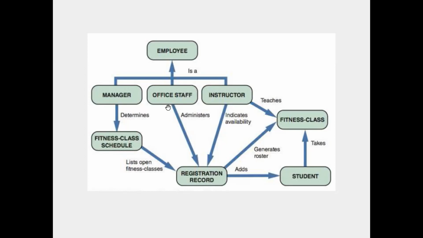Here we have office members administering the registration record, and the instructor indicates availability in the registration record. Once you have all this information, that adds into the fitness class, and then we assign the instructor to teach that particular fitness class, and the registration record adds the students, and then the student can take the fitness class.